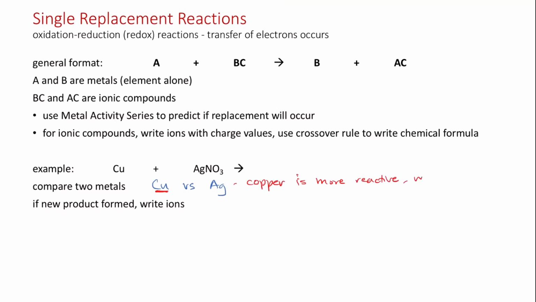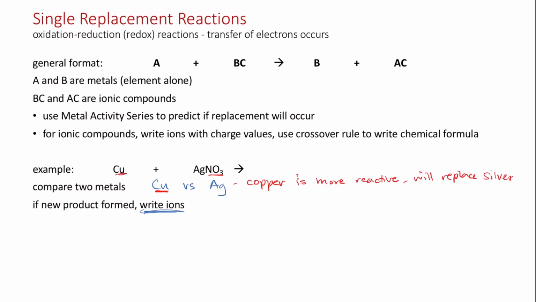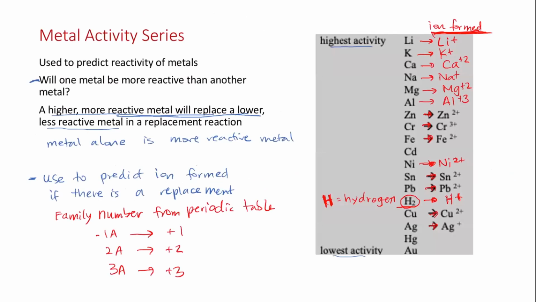Okay. This means that you don't just connect the copper to the nitrate, that's NO3. What you do is you need to write the ions. So what's the ion that copper forms? Going back to the activity series, the ion formed from copper is the +2 ion.